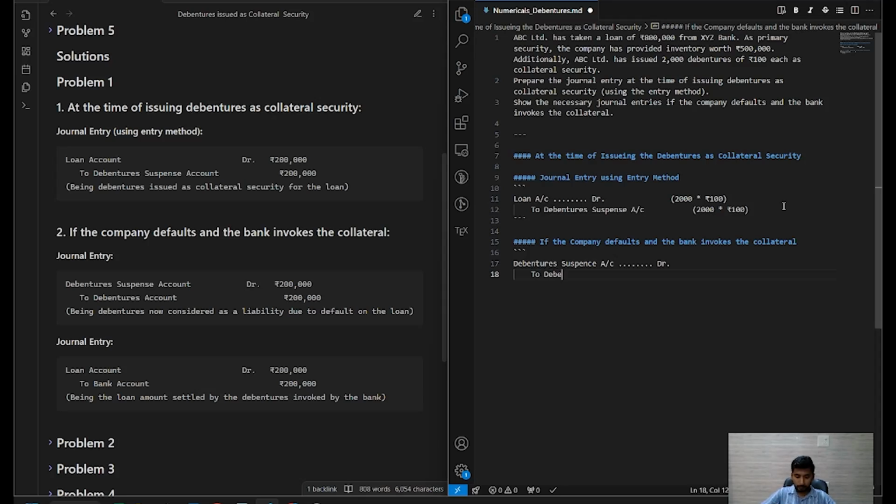Reverse entry. That will be the same amount.